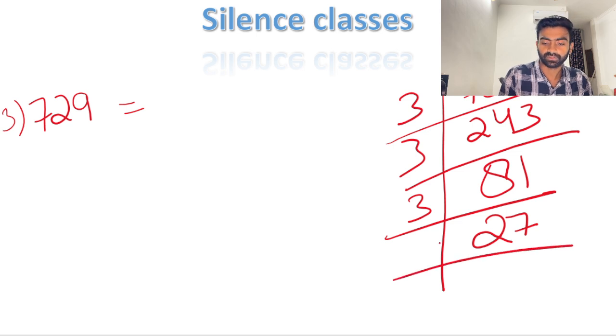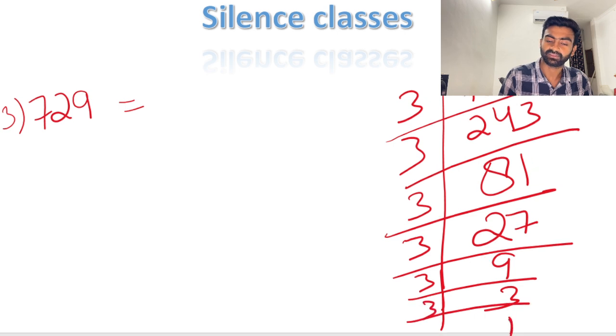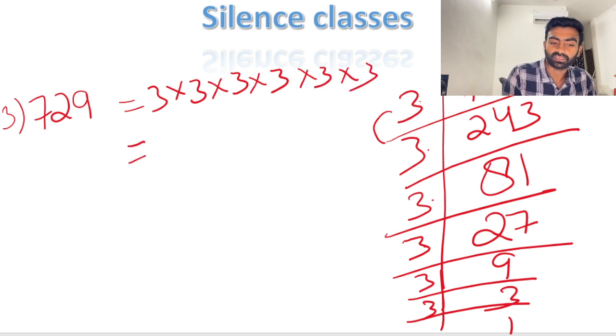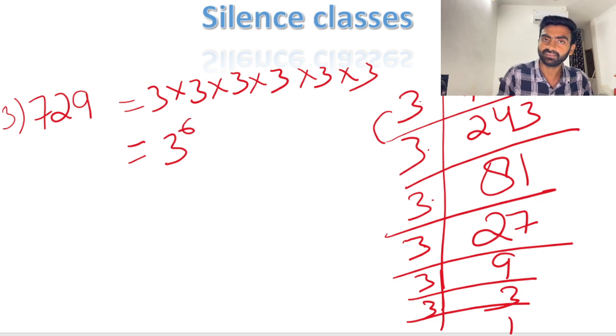Yes. 3 nines are 27. 3 threes are 9. And 3 ones are 3. It is easy. 3 multiplied by 3, 1, 2, 3, 4, 5, 6. 3 multiplied by 3 multiplied by 3 multiplied by 3 multiplied by 3 multiplied by 3, or we can write it down directly, the answer, that is 3 to the power 6.